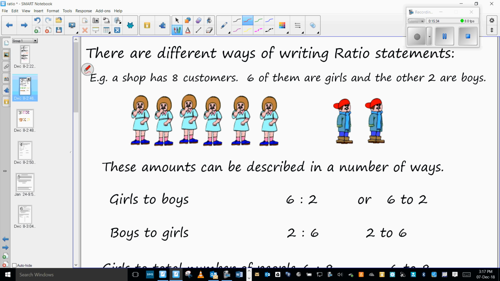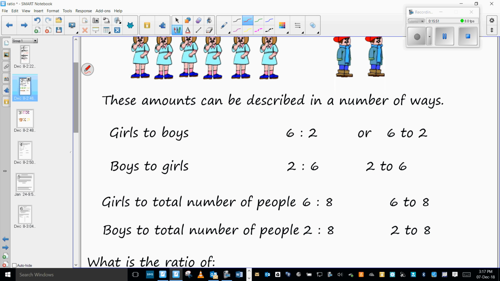There are different ways of writing ratio statements. Okay, so example, a shop has 8 customers. 6 of them are girls, the other 2 are boys. So here's our pictures. We've got 6 girls and 2 boys. But we could write girls to boys, 6:2. Sometimes they use the word to, but less frequently.